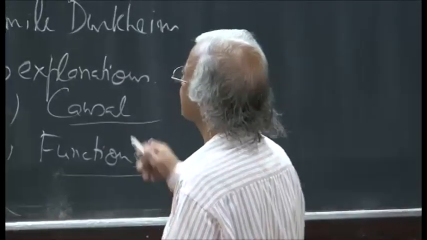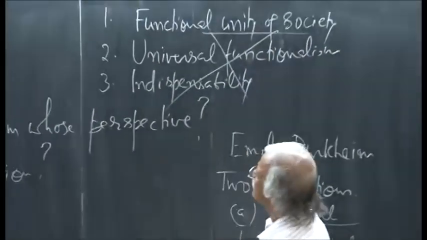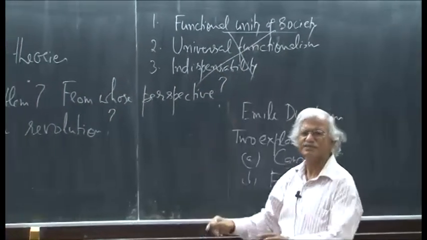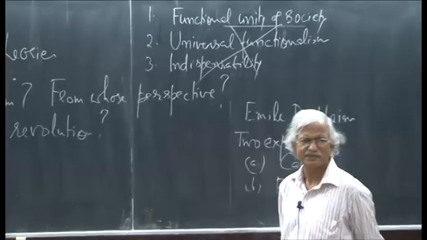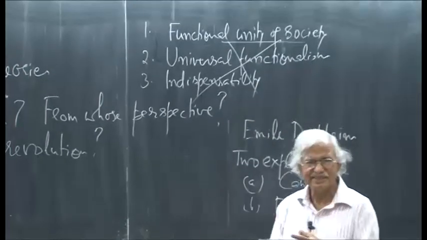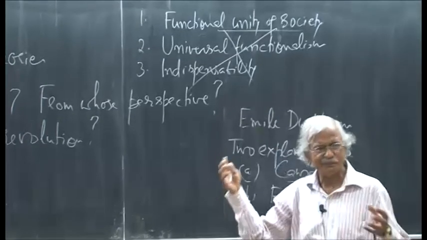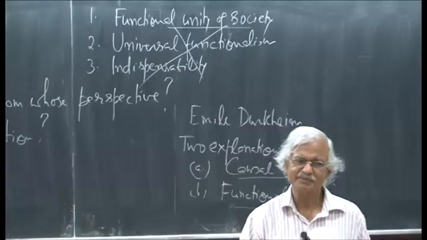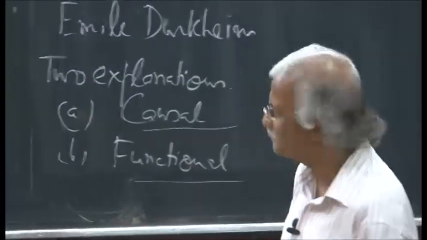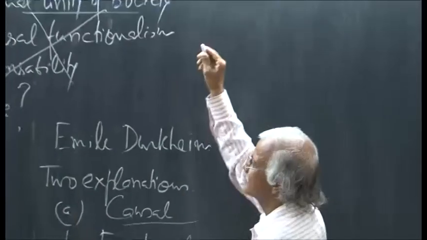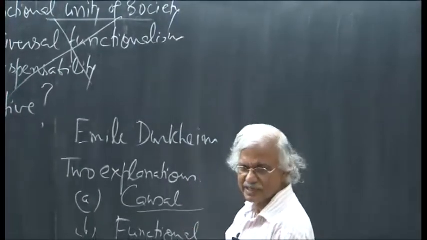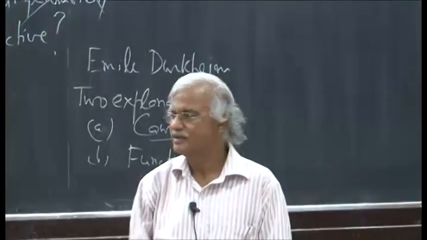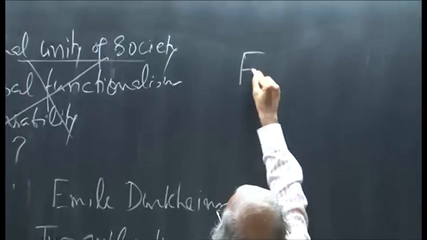Now Merton says that there is a problem with all the postulates, and indispensability means anything which exists has to exist. Everything is interrelated, all functions are positive, and anything that exists must exist, because otherwise the system will not survive. Merton said that first of all you realize that things may be functional for one part of society.